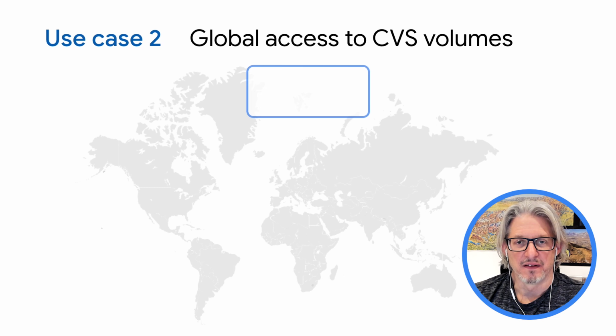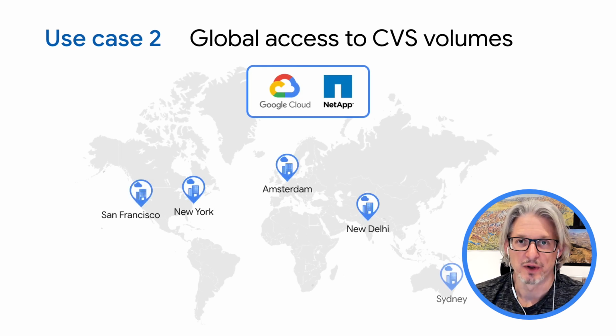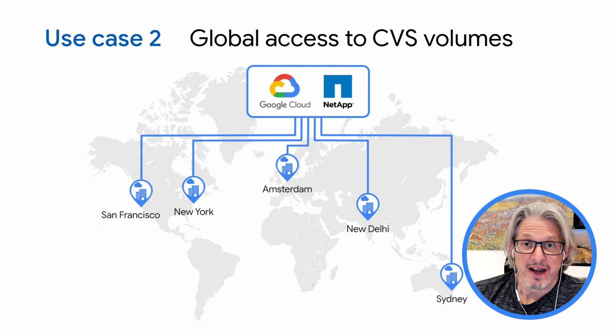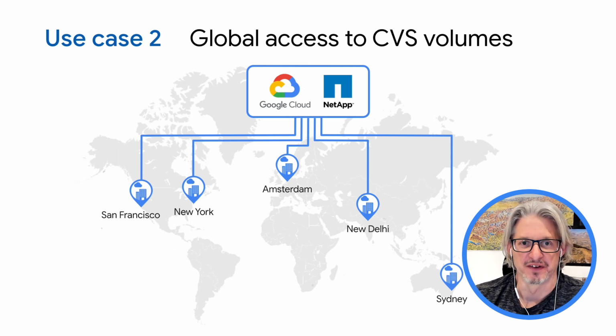And the last one I want to mention is media and entertainment. More and more we see that these people have geographically dispersed teams working together on a project. And they all need to access the same data, the same media assets, in a performant and consistent way. To aid these requirements, we have a solution called Global File Cache, which builds on top of Cloud Volumes Service.